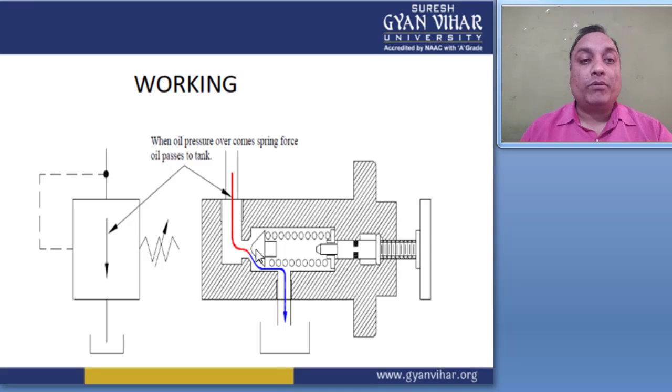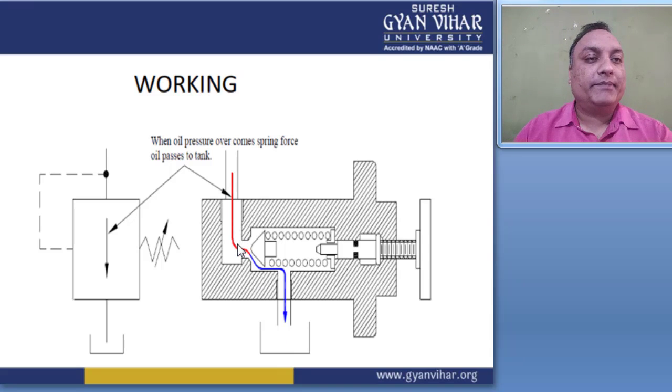But how does this valve open? If there is extra pressure inside this fluid line, then this pressure is applied to this poppet, shown by the red line in this figure, and this creates a force on this poppet. Then the poppet compresses the spring, and this poppet provides a passage for the flow from inlet to outlet.